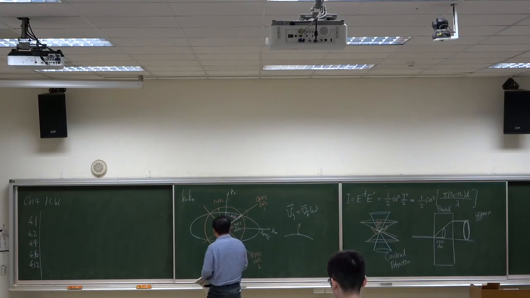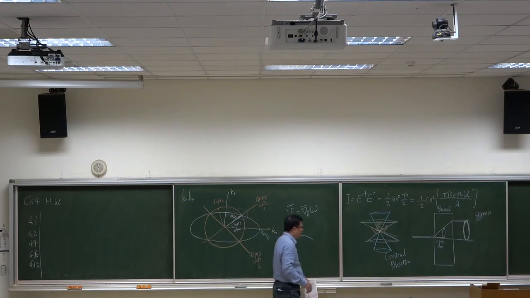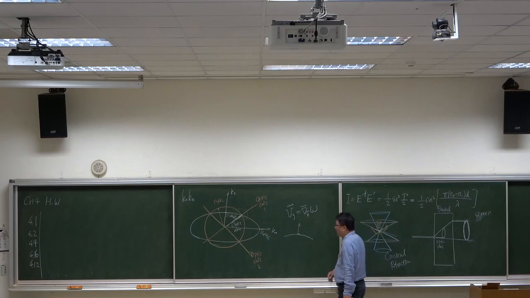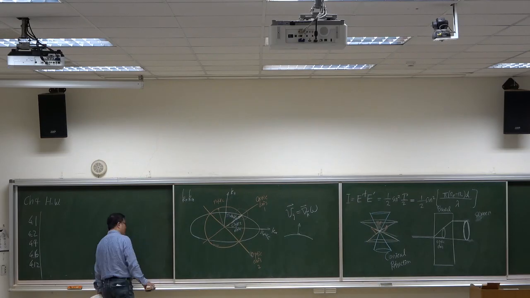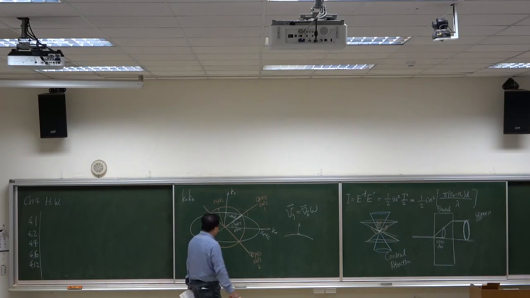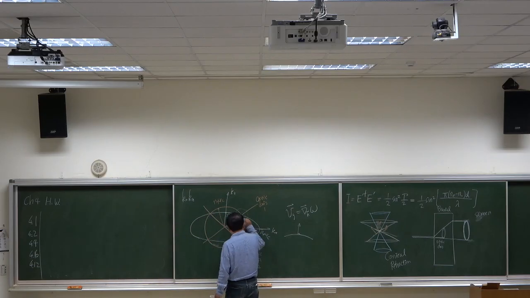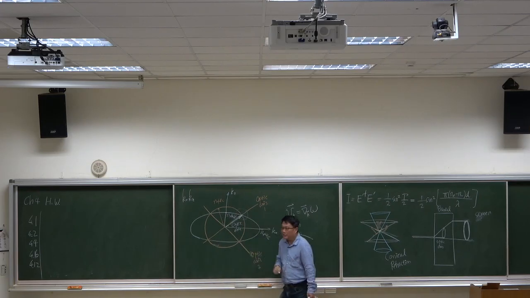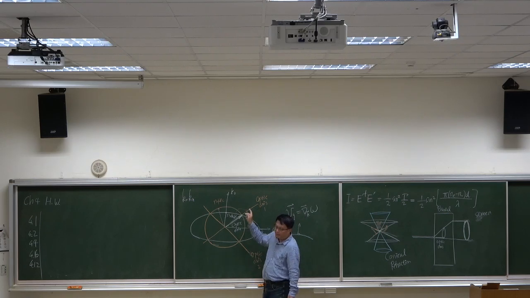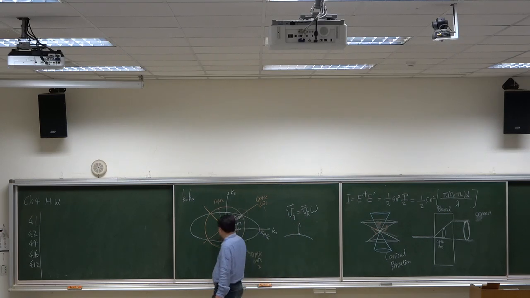Conic refraction. So now I try to analyze the details of conic refraction. First, we need to find this reference k vector. This k vector denotes the direction of the optical axis.